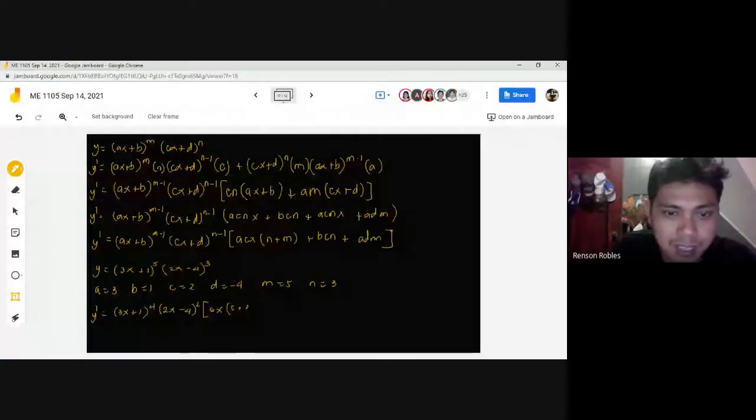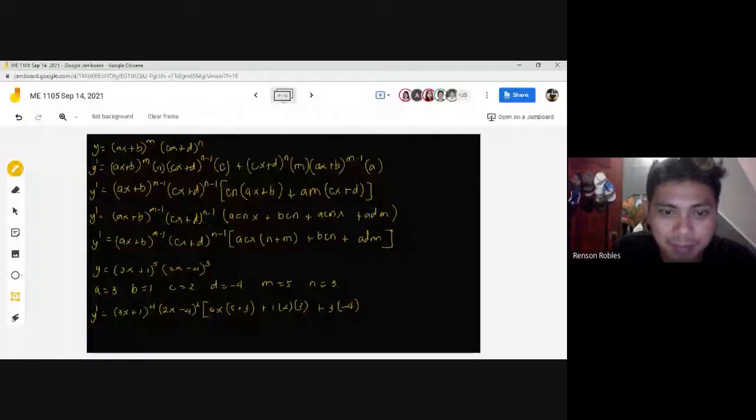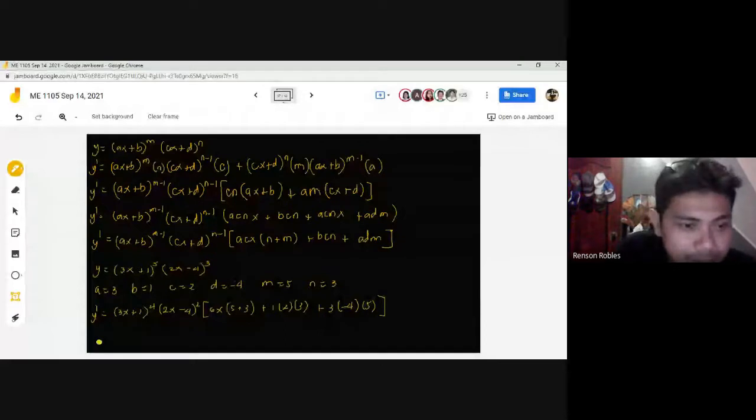Then plus BCN. BCN plus AD. Oops, ang layo. ADM. 5. Close. All right. Y prime. 3x plus 1 to the 4th power. 2x minus 4 to the 2nd power.